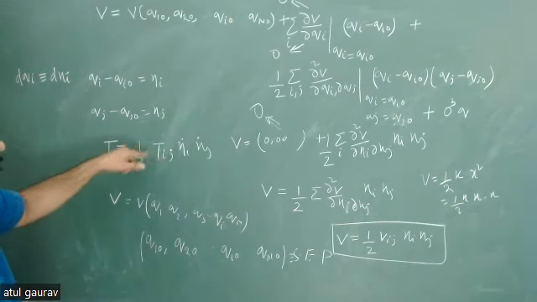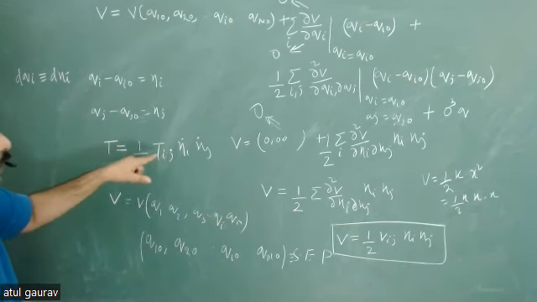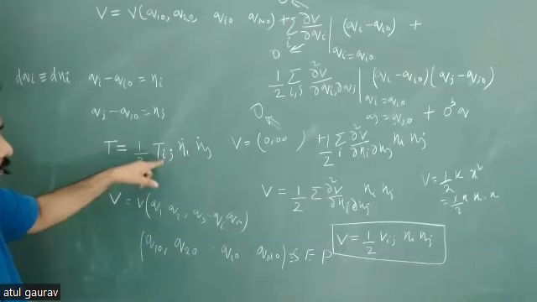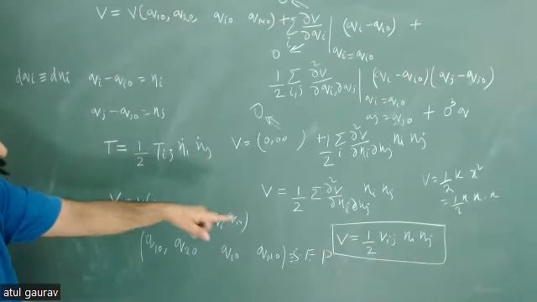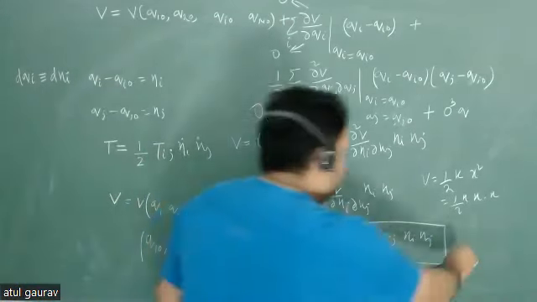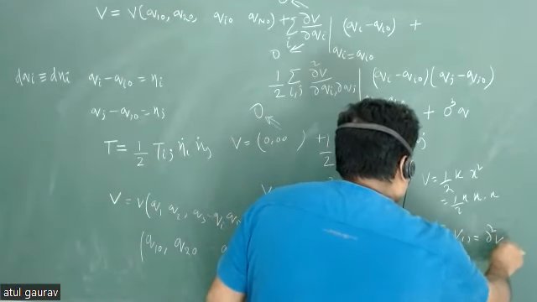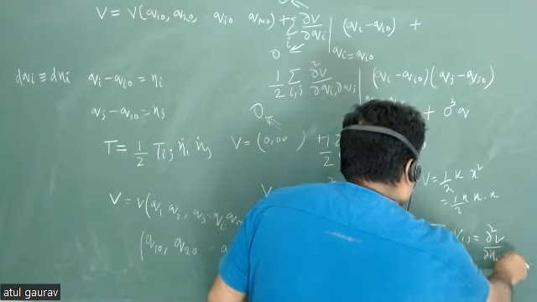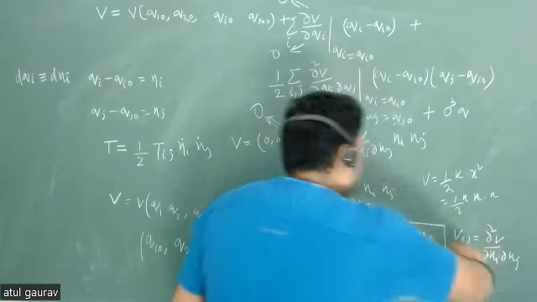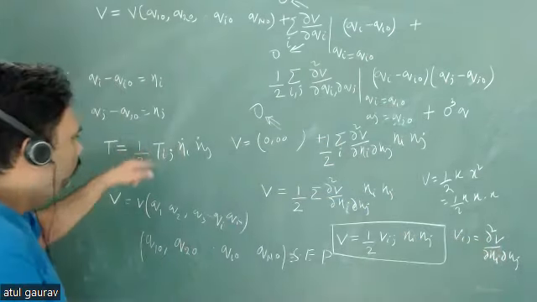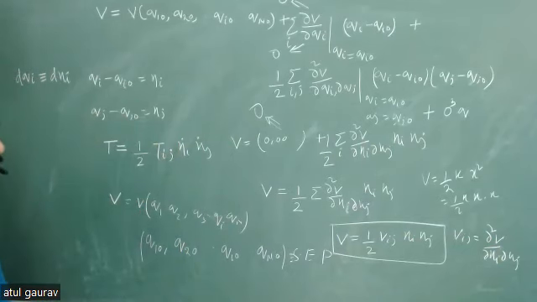Isn't it? And what should be Tij, with the analogy of this one? What is Vij? Del square V, del eta i, del eta j. This is your Vij term. So what will be your Tij term, with the analogy?